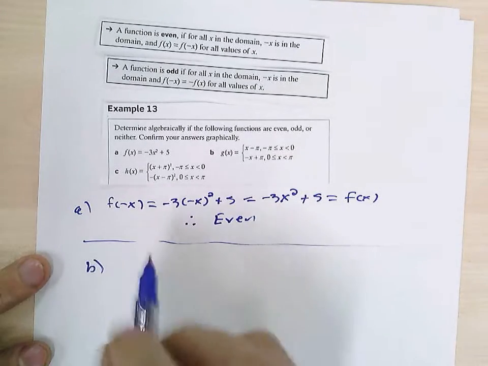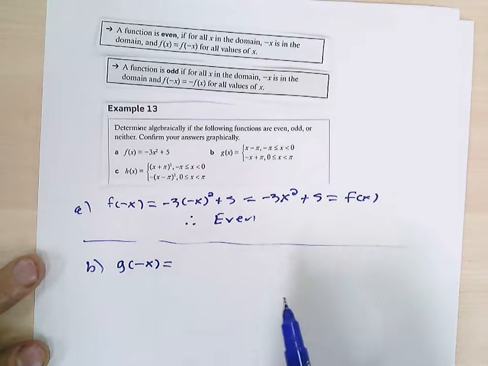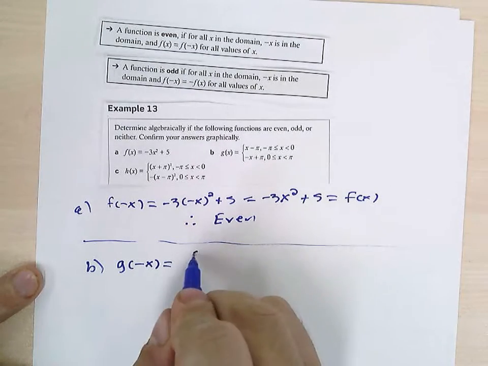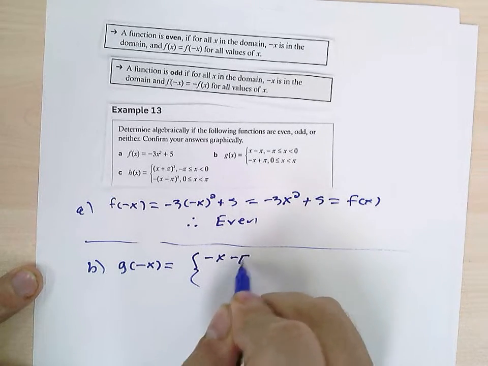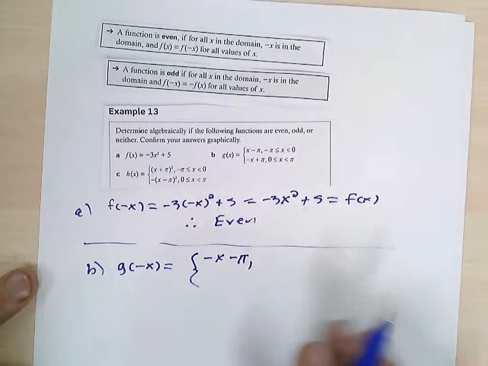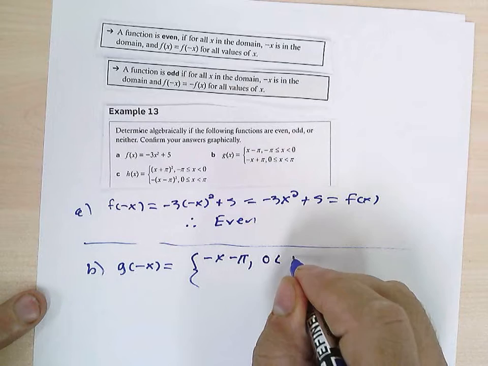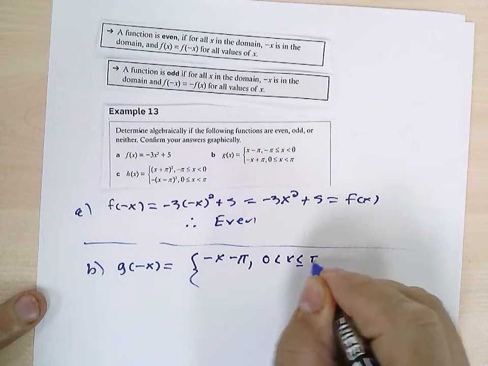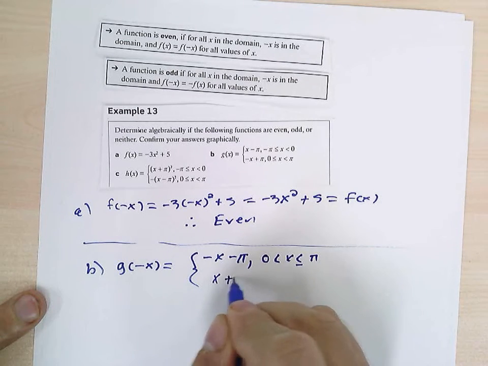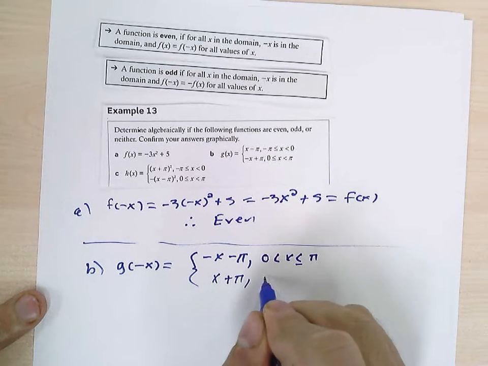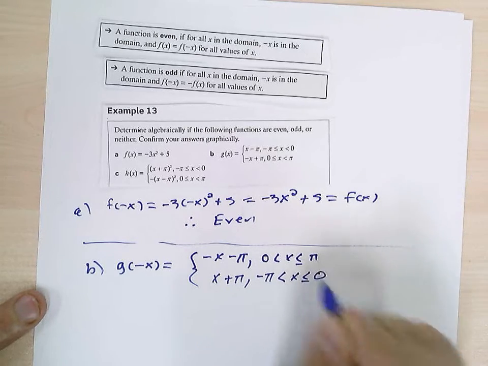Now we can try B. It's given us g of x, a piecewise function. Now, when I plug it in, I'm going to get a negative x minus pi, but my intervals will change. If I put a negative x and solve for it, I'm going to get 0 is less than x is less than or equal to pi. Then if I plug in the other one, I'm going to get x plus pi for negative pi less than x less than or equal to 0.